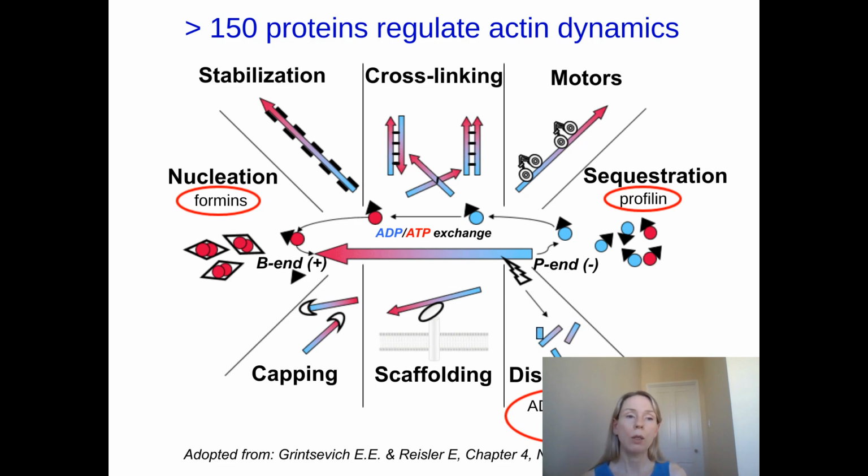And I will tell you how action of those enzymes synergizes with one of the known actin disassembly factors called Cofilin or ADF cofilins.